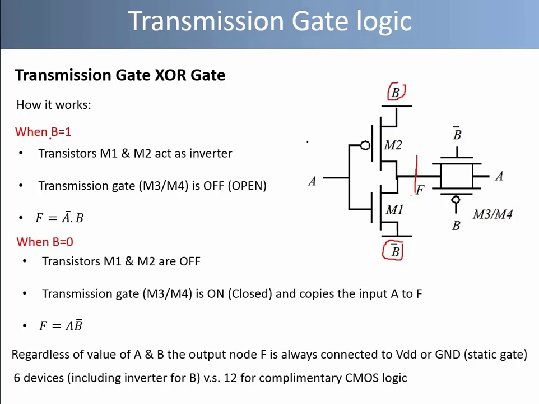So when B is equal to 1, B complement becomes equal to 0. In this case, transistors M1 and M2 together behave like an inverter and pass the value A complement to the node F. On the other side, B complement is 0 and B is equal to 1, so this transmission gate, which consists of transistors M3 and M4, turns off and disconnects the input A from reaching here.